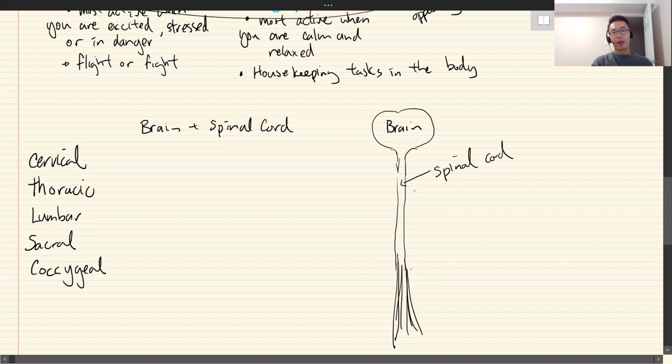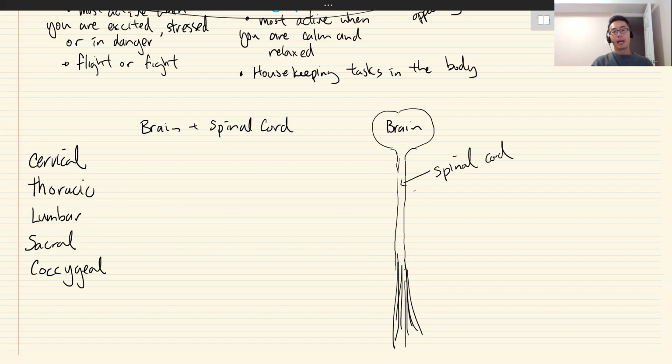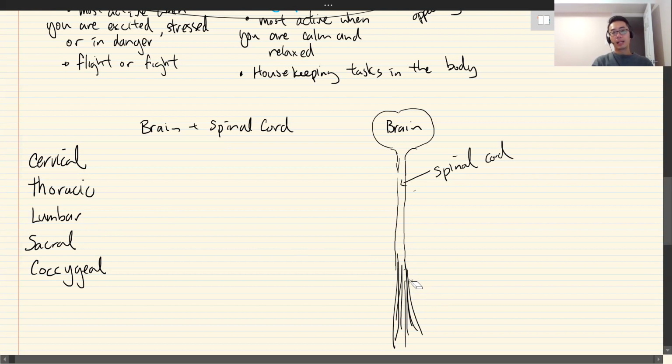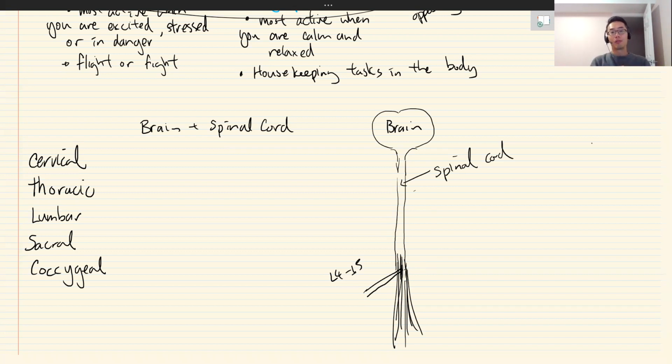It frays out like the tail of a horse, a ponytail. And that's why it's okay to stick a needle in at around L4 to L5 and take out a sample of the CSF, your cerebrospinal fluid. Because when you stick the needle in, all these spinal nerves, because they're like a ponytail, will just move out of the way. You're not going to poke through the nerve.